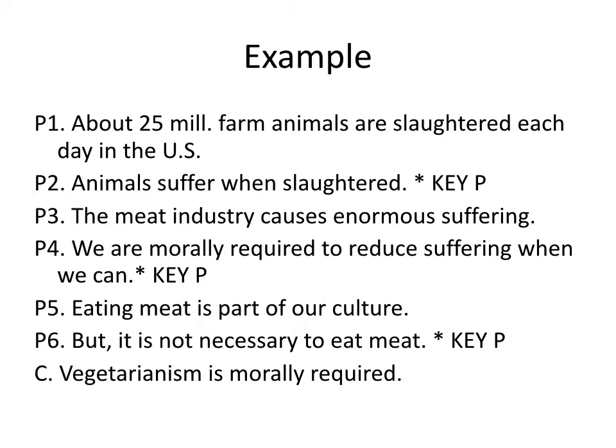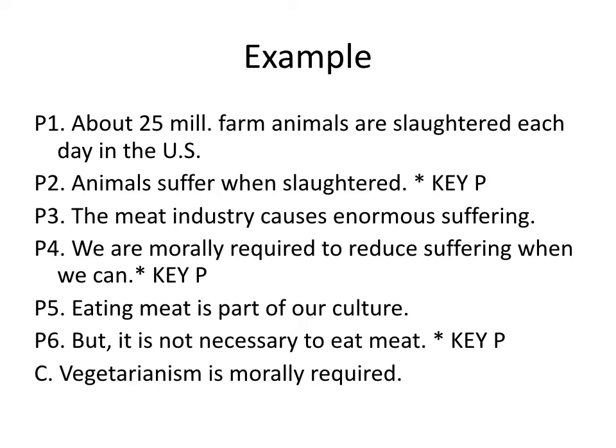Here's an example, and I will eventually be evaluating this sample argument using evaluative strategy 1. But first, let's just read the argument. Premise 1, about 25 million farm animals are slaughtered each day in the U.S. Premise 2, animals suffer when slaughtered.